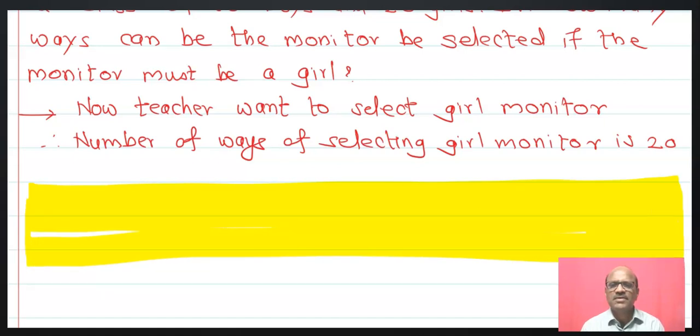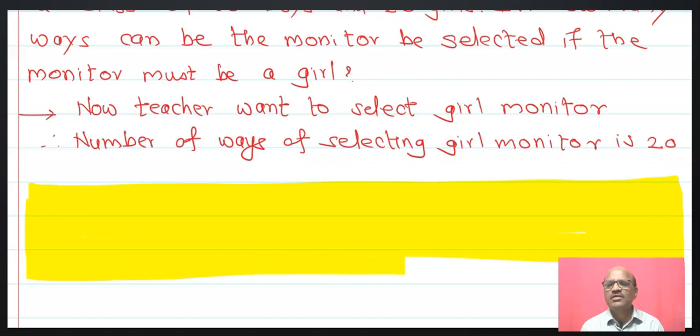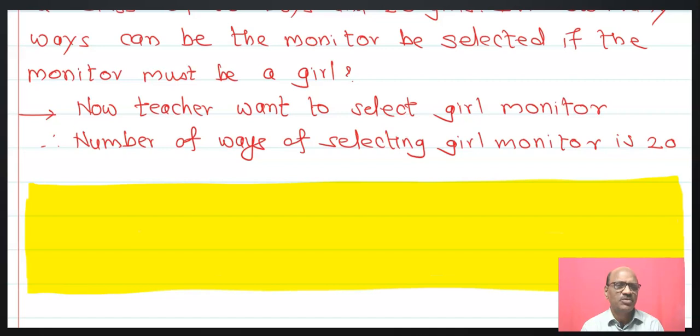See this. If the teacher wants the monitor to be a boy or a girl, then the number of possibilities will be 30 plus 20, and that is equal to 50.